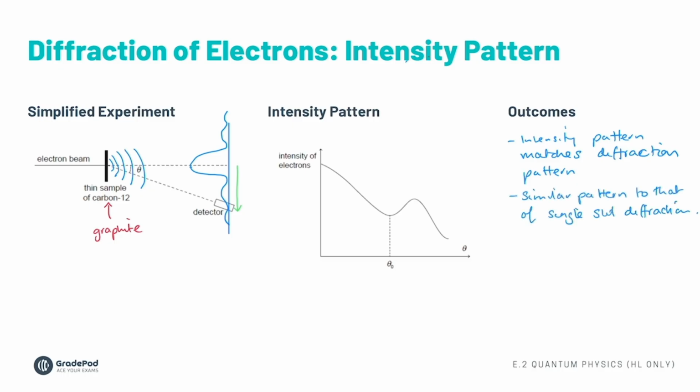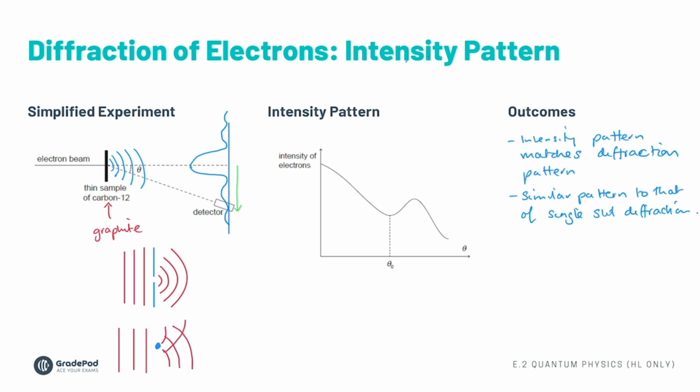I just want to remind you at this stage, a single slit diffraction can be one of two things. It can be where the wave goes through a single slit and diffracts, like this. It could also be where the waves diffract around an obstacle and you actually end up with a diffraction pattern like this.